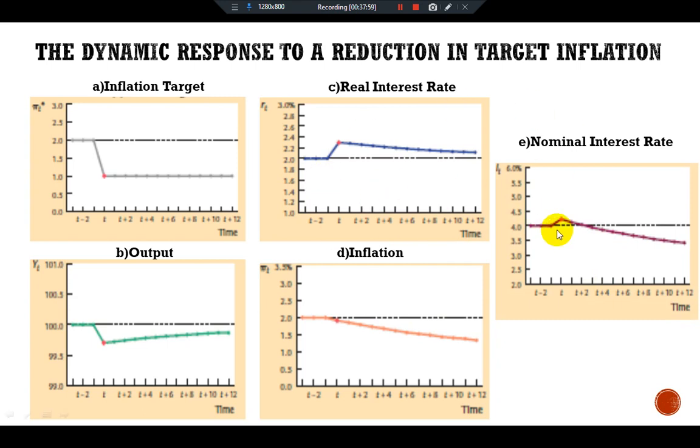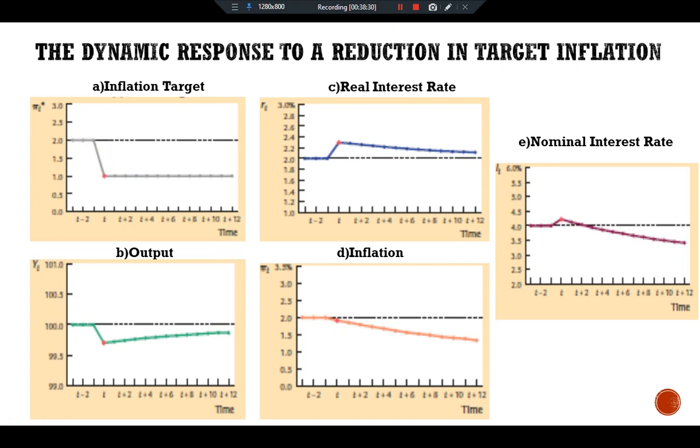So here we have 4%, which equals the natural level of the real interest rate, rho, which is 2%, plus the target inflation, pi t star, of 2%. Here we have the target inflation at 2%.